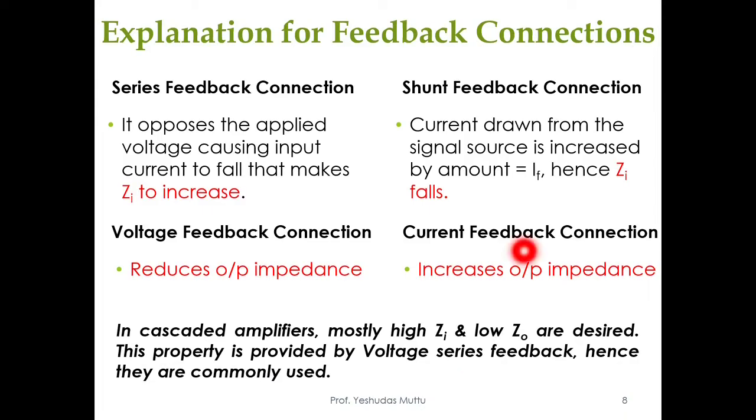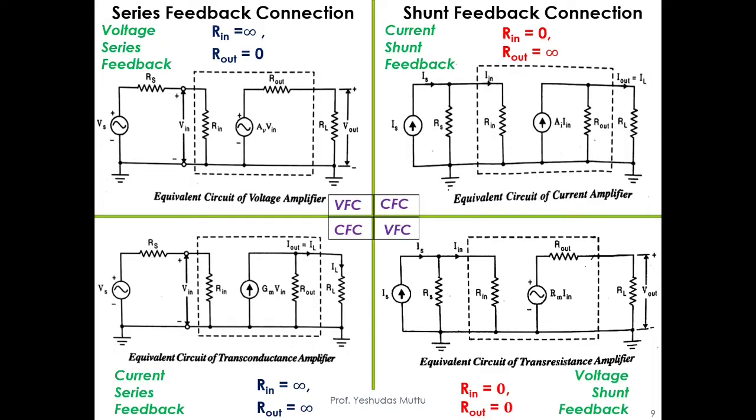That's what we have seen over here, and you can see that Rout is also infinity. This VFC and CFC, which you all can see, are voltage feedback connection and current feedback connection. So the VFC is for this one, a voltage feedback connection. This is a series feedback connection as well as a voltage feedback connection.